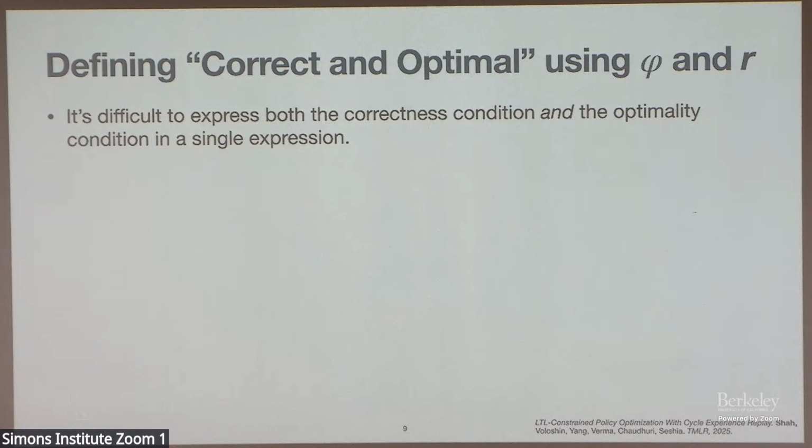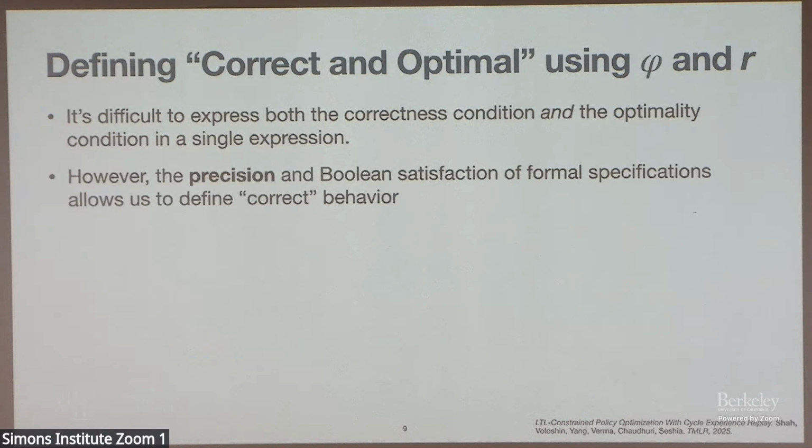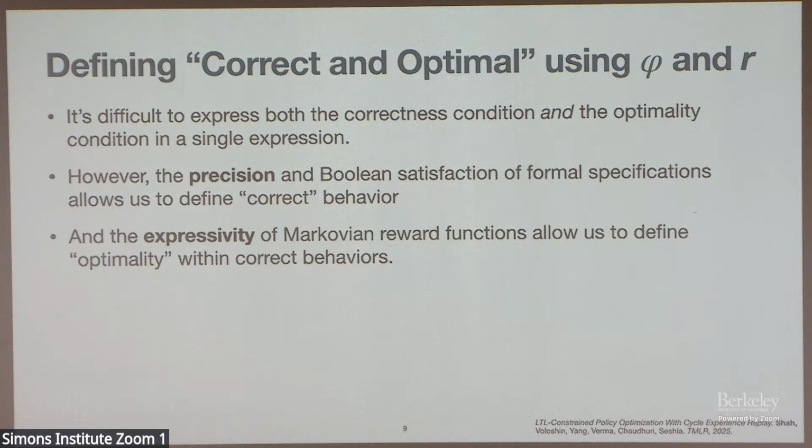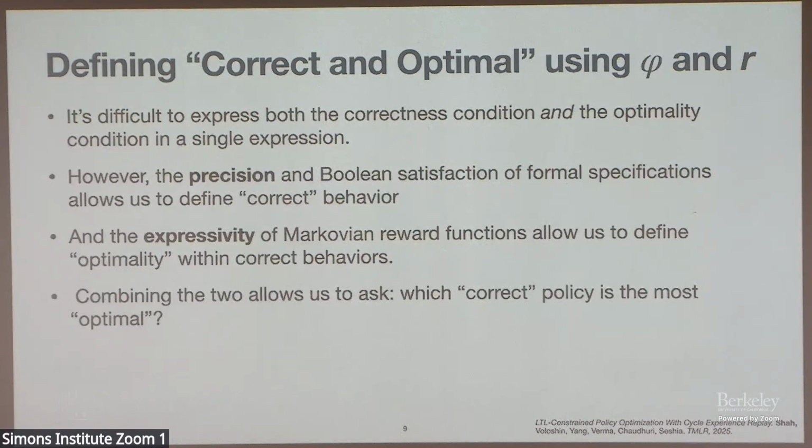And this is where having a separation between correctness and optimality can be very useful. Formal specifications by nature are about precise correctness. And then we can use a Markovian reward function, a reward function that's within our MDP, to define optimality within the space of correct behaviors. So then we can ask this question, which is, I want my policy to be correct, but amongst correct policies, which one of them is the most optimal?